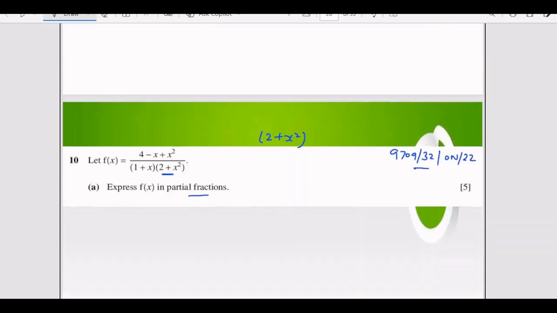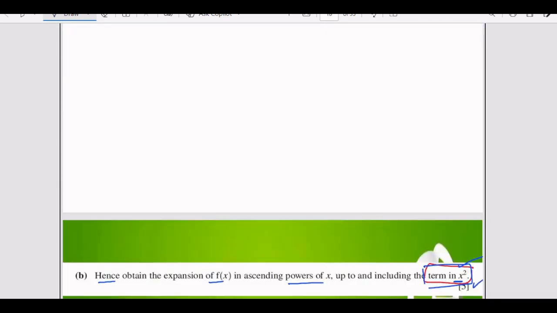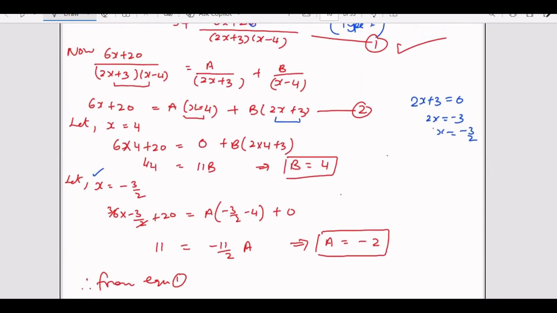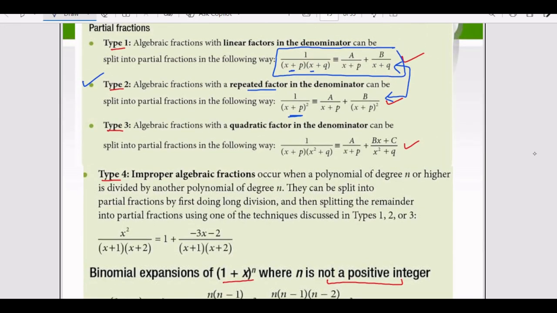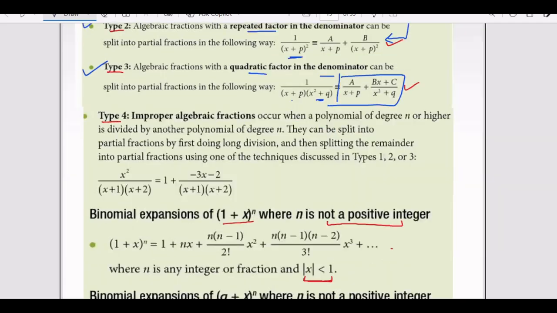So for that, when we get this kind of question, let me go back to the summary here. So this one here, you see the type 3. So this is type 3. Now you have one of this quadratic factor in the denominator, it can be split. So one factor and then another quadratic factor. So we are going to use this one, a over x plus b, this one, right?